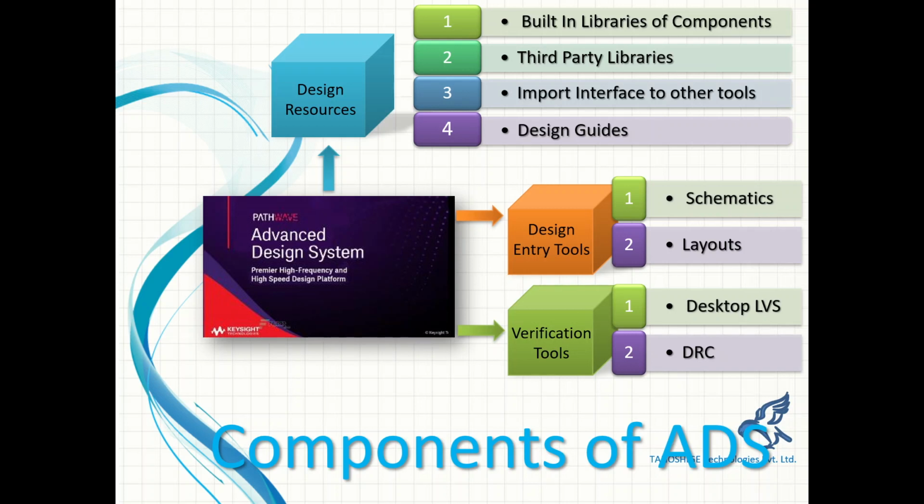It provides you the ability to do layout versus schematic, so that you can make sure that your layout and schematic are in correspondence. There is a link between layout and schematic: when you place components in the schematic, the changes are reflected in the layout, and if you place components in the layout, the connectivity is there with the schematic.